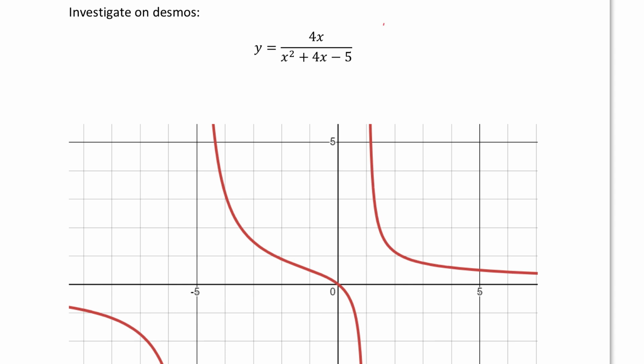Here this graph would be bottom heavy because the degree on the bottom is 2, degree on the top is 1. So therefore we would have a horizontal asymptote at y equals 0. And we can draw that on the graph here. And we can see clearly that if we were to extend this graph with a little arrow, we'd have a horizontal asymptote there, and the same thing on the other side.